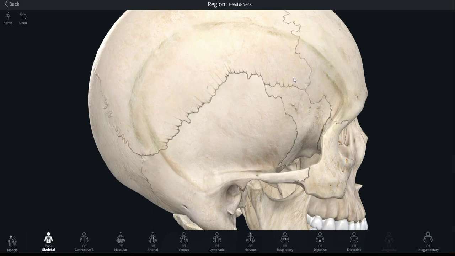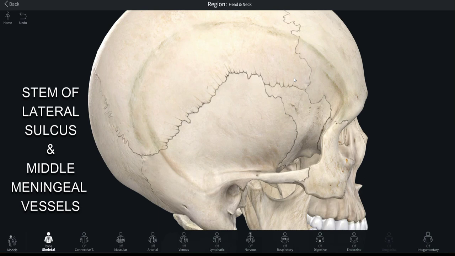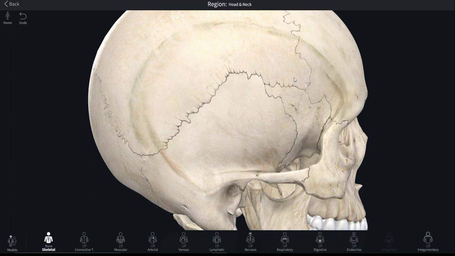Now, the pterion has special surgical significance. Why is that so? That is because deep to the pterion, we have the stem of the lateral sulcus and middle meningeal vessels.